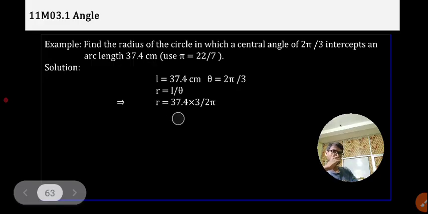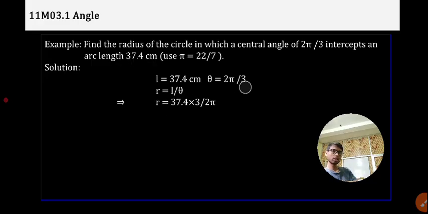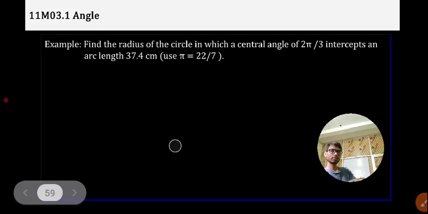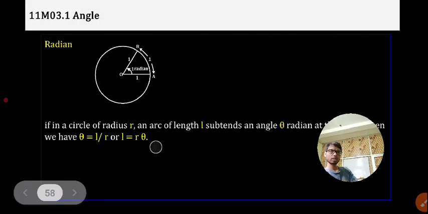Radius is l upon theta. We will substitute the values and we will get r. And what is the length? The length of the arc.